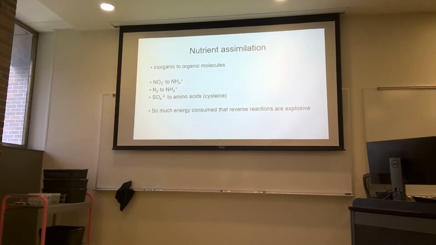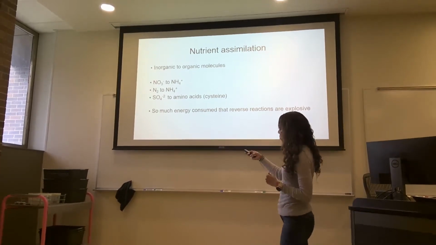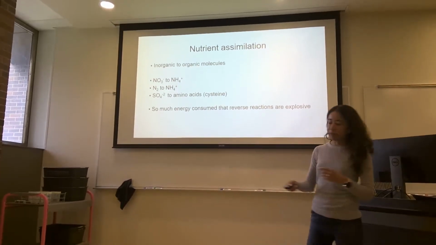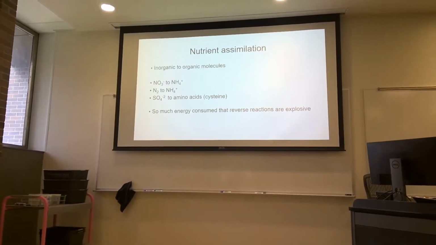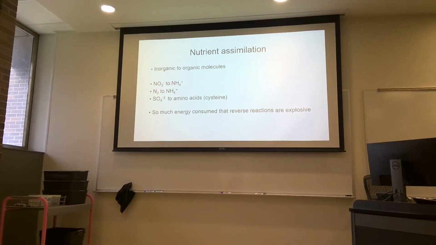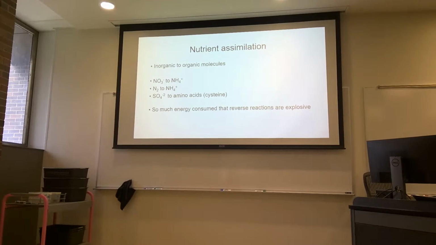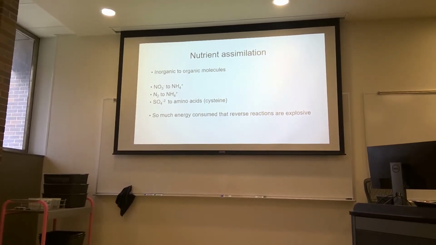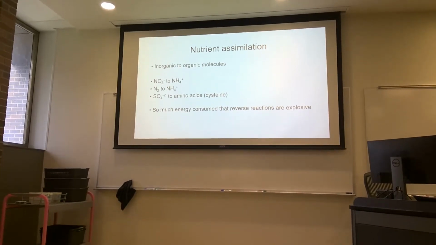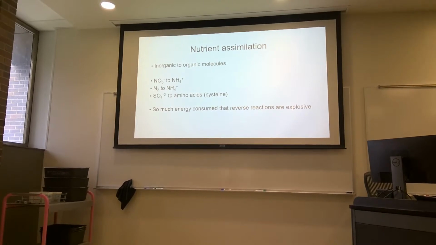Also, one thing that the book mentions is that so much energy is consumed in fully reducing some of these agents, like N2 to NH4, that the opposite reaction can be very, very expensive. In a cell, this happens step by step and is controlled. In industry, you have to control it, because so much energy is released in the opposite direction that it can be explosive.